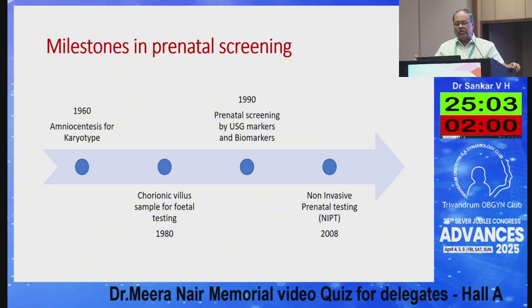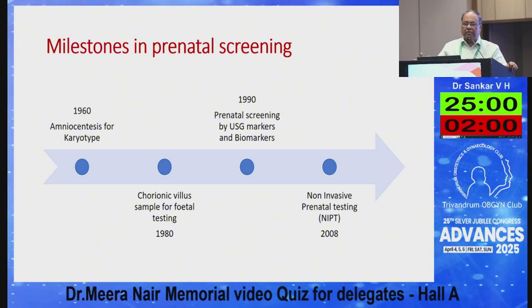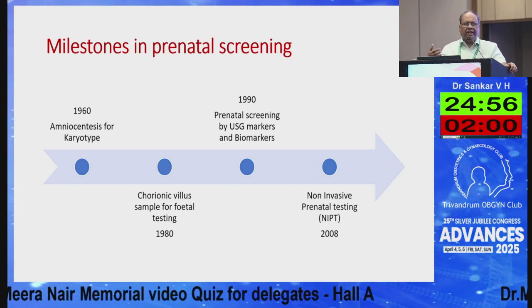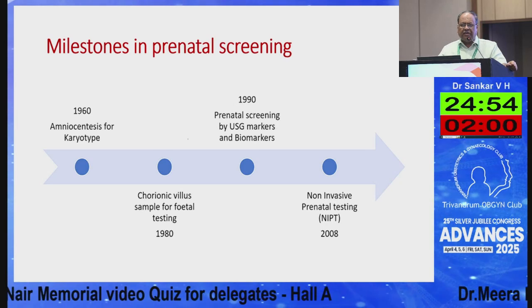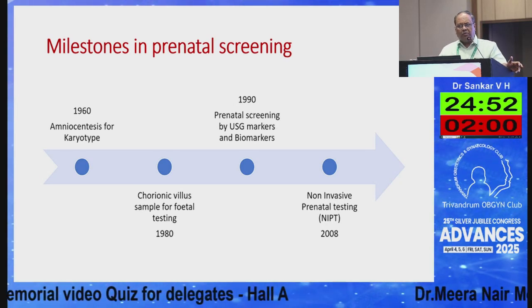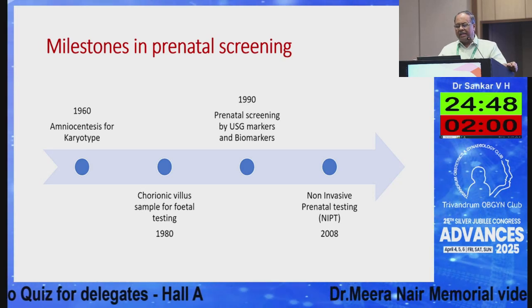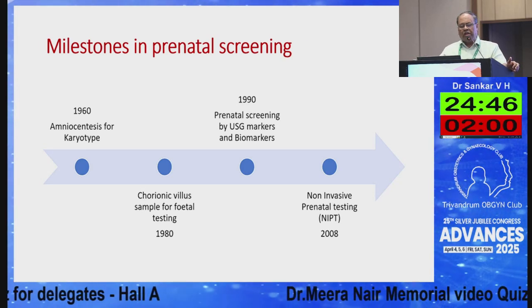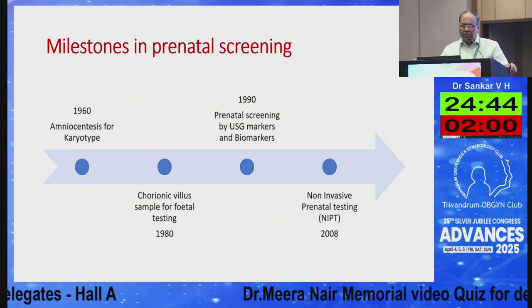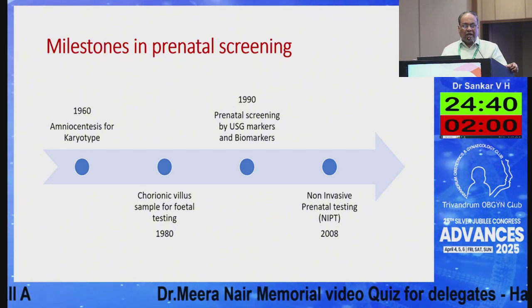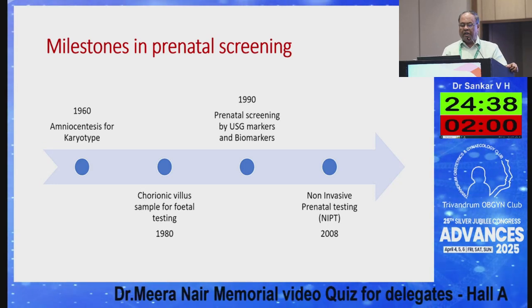In the 1990s came prenatal screening by ultrasound markers and biomarkers, because there are two groups of people: ultrasonologists identifying newer and newer markers day by day, and at the same time newer and newer biomarkers also coming. And from 2008 onwards, non-invasive prenatal testing came, where we can directly do the genetic methods in the maternal blood to identify the fetal DNA, which I will come to a little bit later.